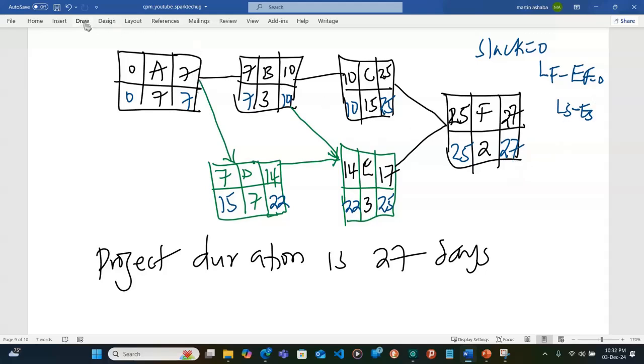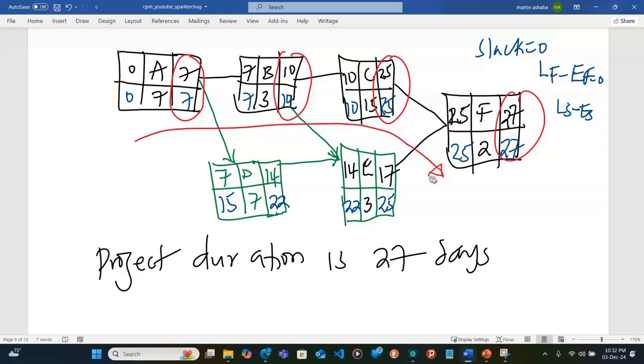So let's look at this. One is here, another one is here, another one is here, and another one is there. So meaning the critical path is that. So this is going to be A, B, C, and that is F.